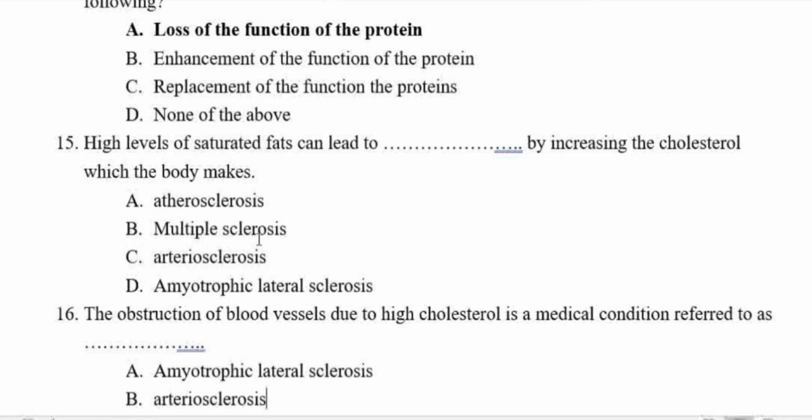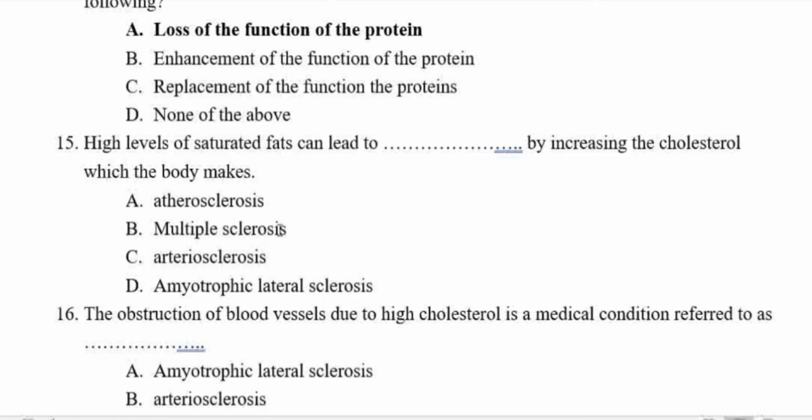Option B is multiple sclerosis. Option C is arteriosclerosis, and then D is amyotrophic lateral sclerosis. Okay, so we see sclerosis.